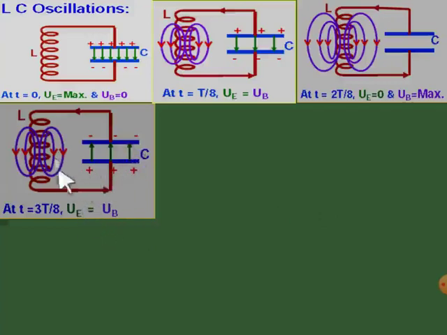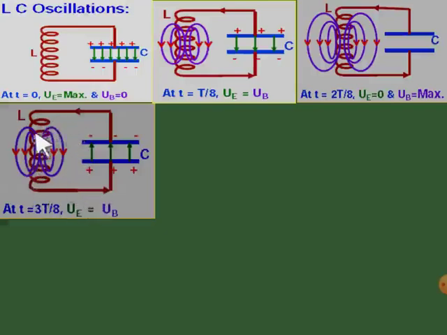That means charging of the capacitor takes place, so current will be flowing through it again. In that case, the electric field energy stored in the capacitor will be equal to the magnetic field energy stored in the inductor. This is the process that takes place.